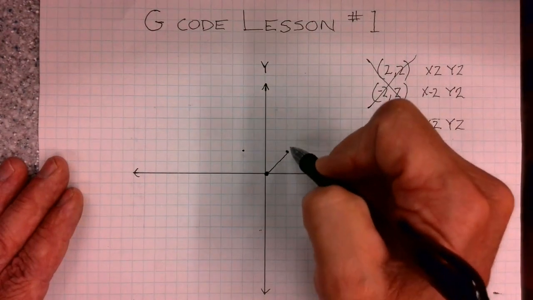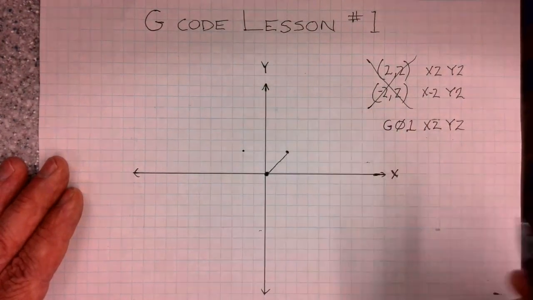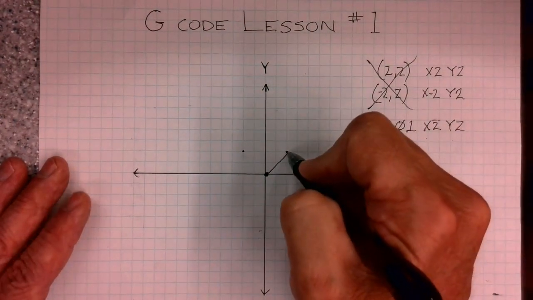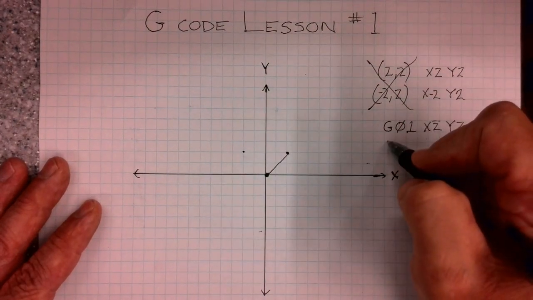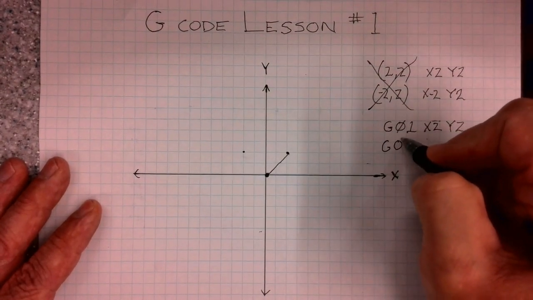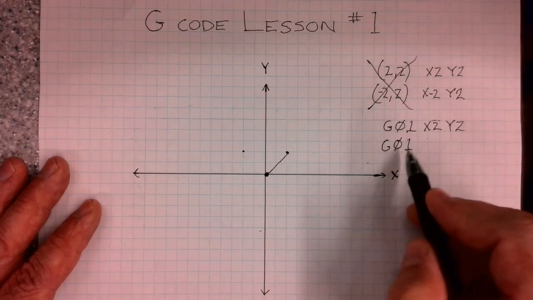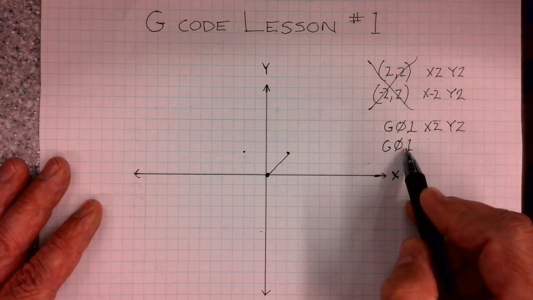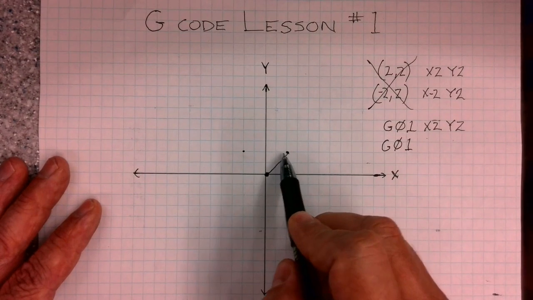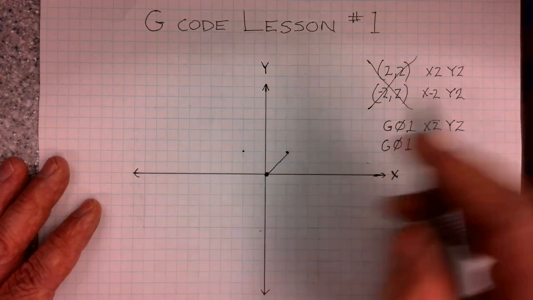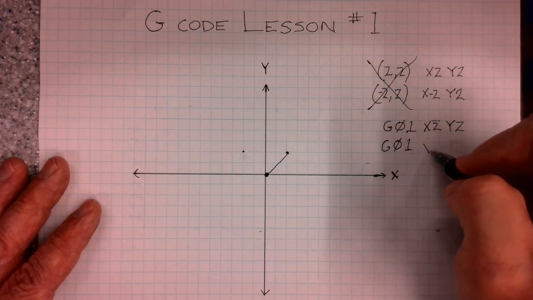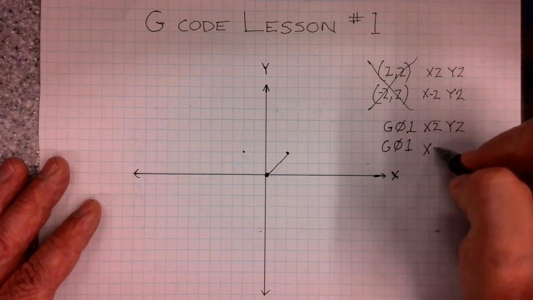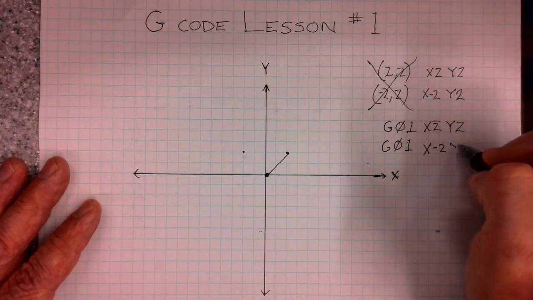If I wanted to go back to this spot, G01 again. G01 is move in a straight line, and we would tell it this spot, x negative 2, y2.